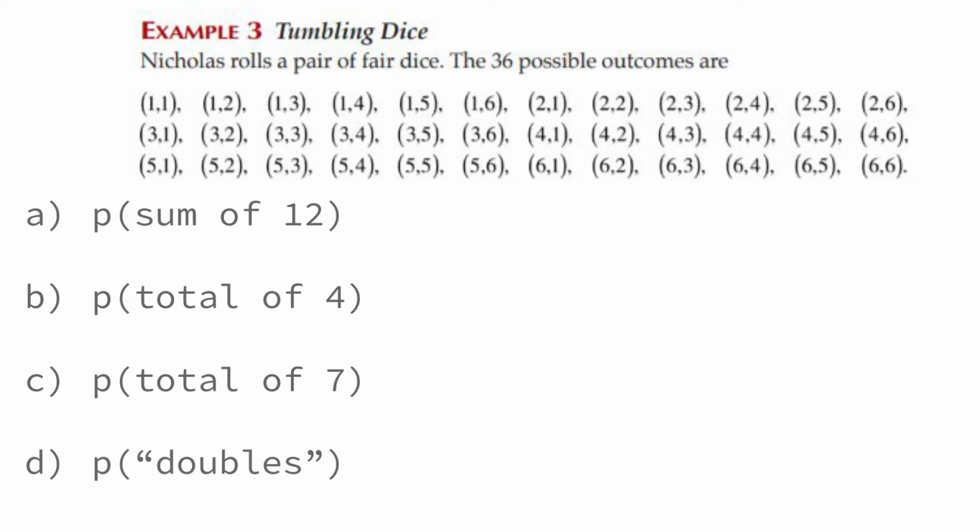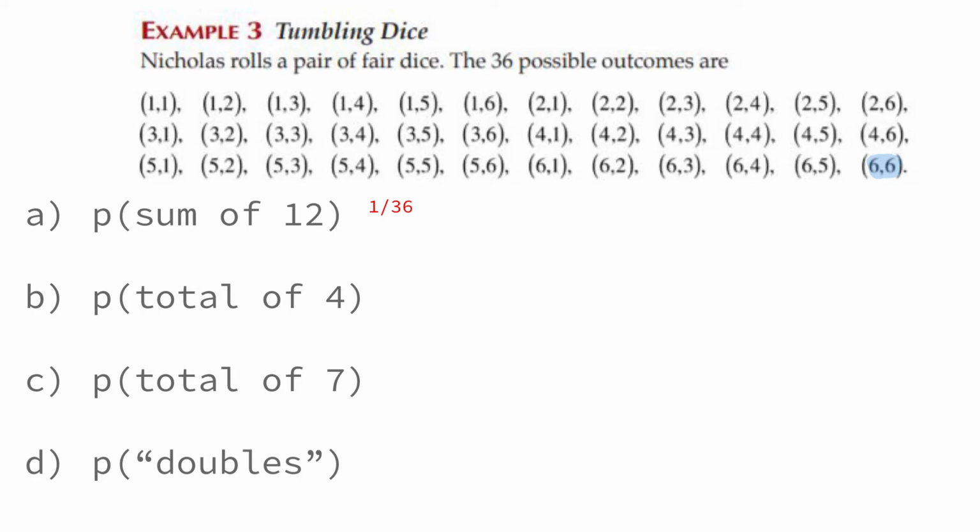So let's find the ones that add up to 12. There's only the 6, 6, which will add up to 12, right? So that's going to be only 1 out of 36.